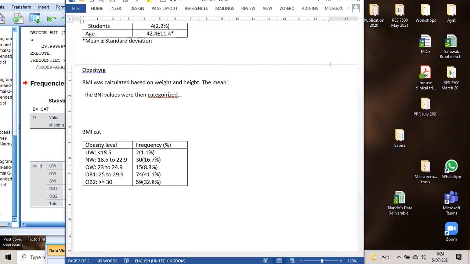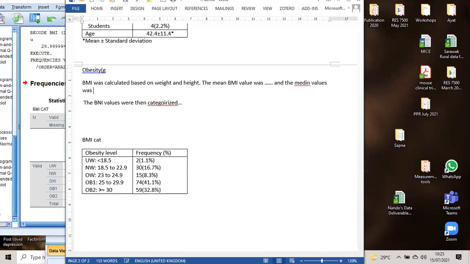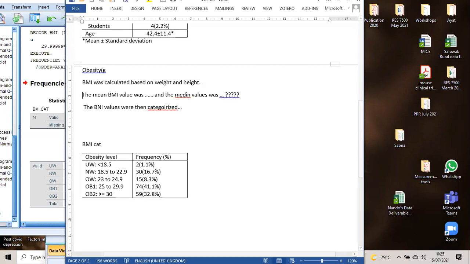The mean BMI value was whatever value here, and the median value was whatever. And then what does it mean, based on BMI alone? Just explain.